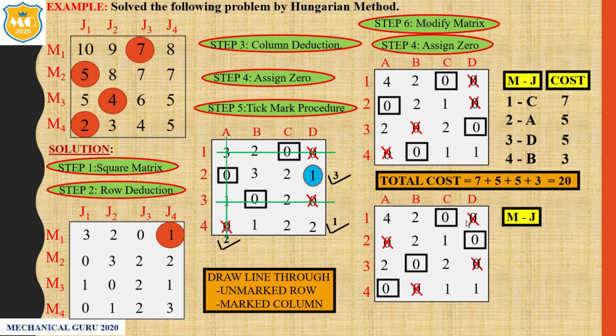Let's see in which man which job is assigned. So here one man is assigned C job. So here the cost is 7. Second man is assigned B job. So in that the cost is again 7. In third man J job is assigned. Sorry, B job is assigned. So in that the cost is 4.